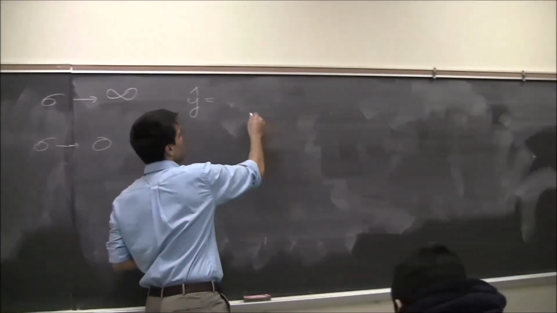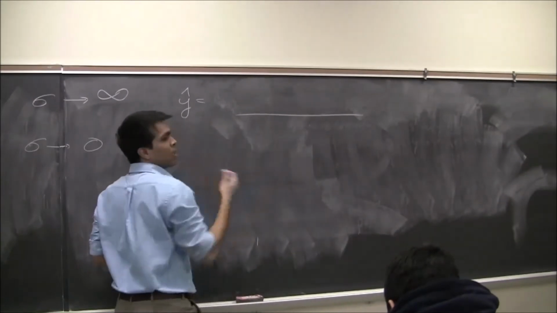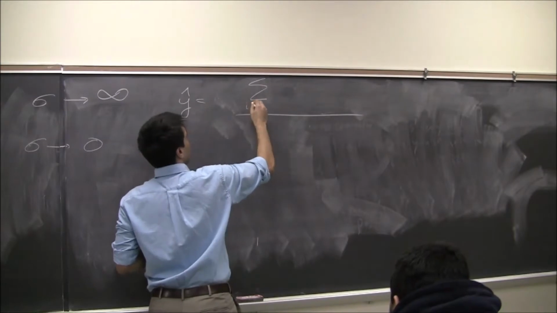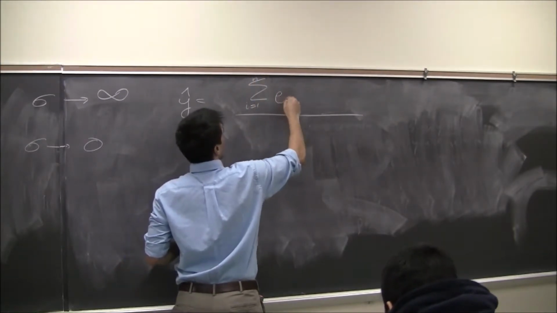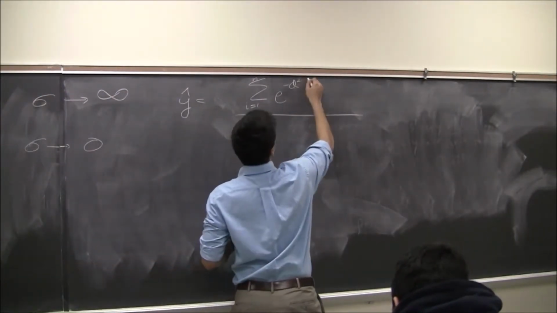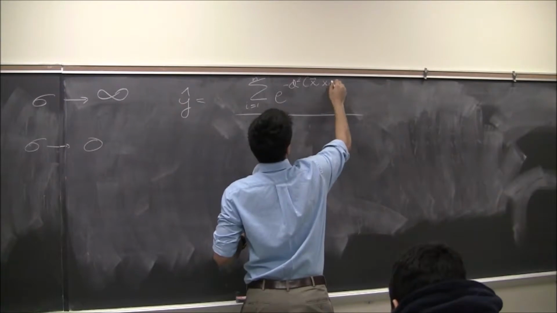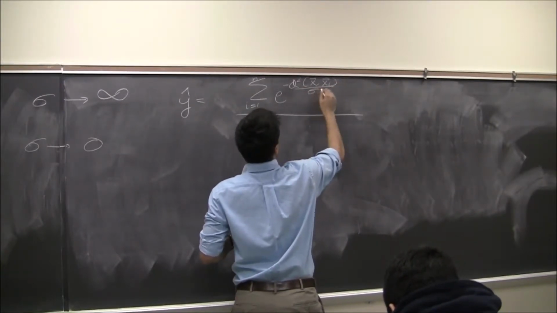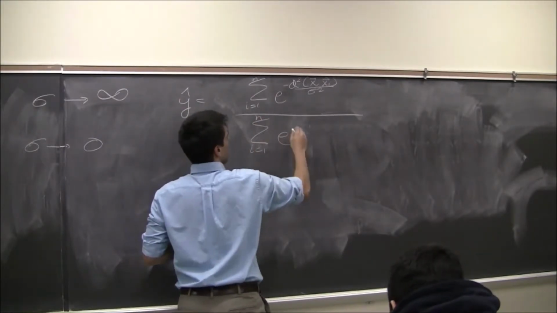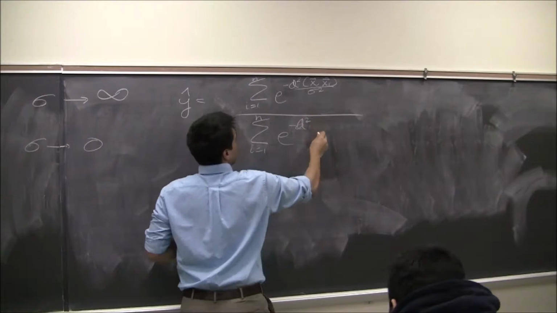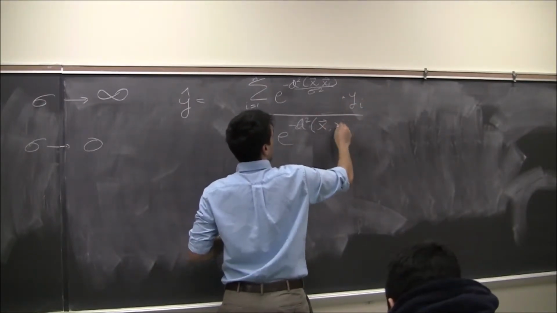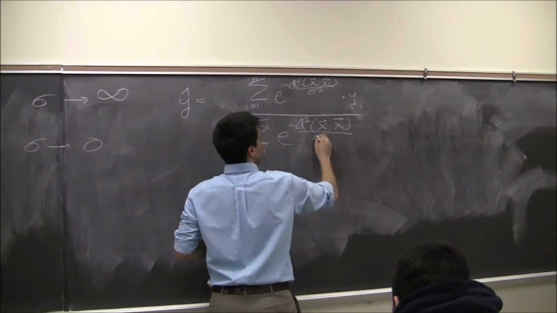So let me write this down for the regression case, and classification is going to be extremely similar. y hat equals the summation from i equals 1 to n of e to the negative distance squared between x and x_i, divided by sigma squared, times y_i, over the summation from 1 to n of e to the negative distance squared over sigma squared.